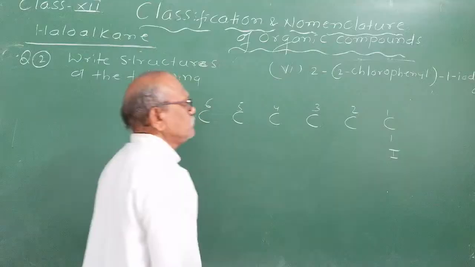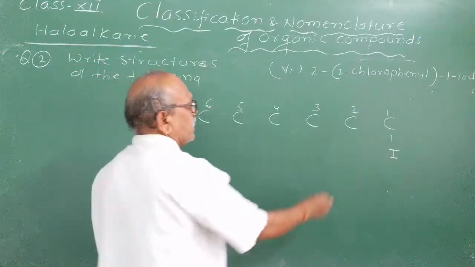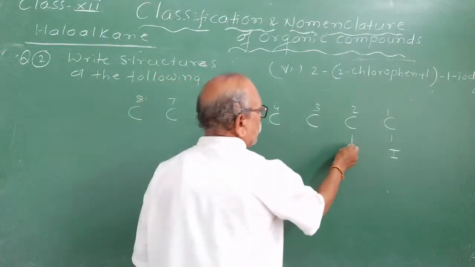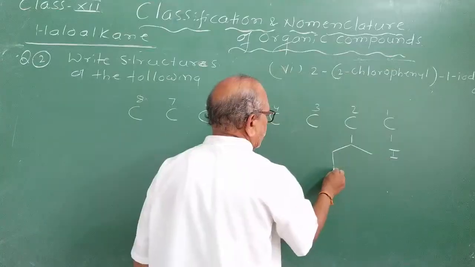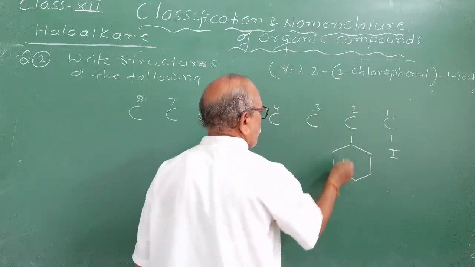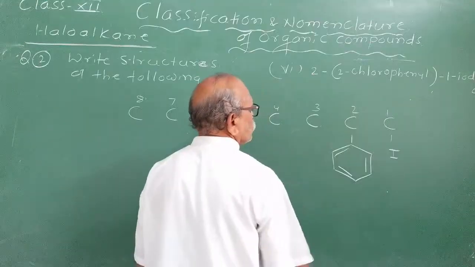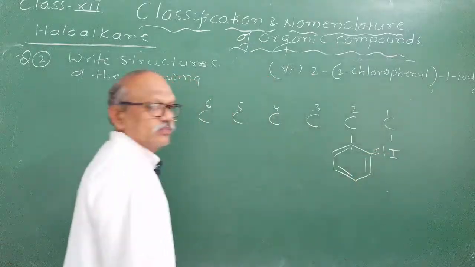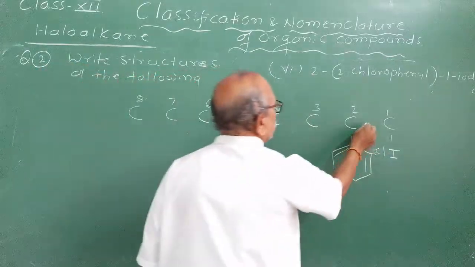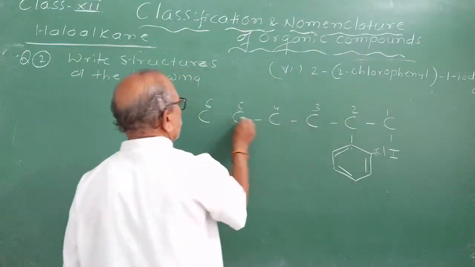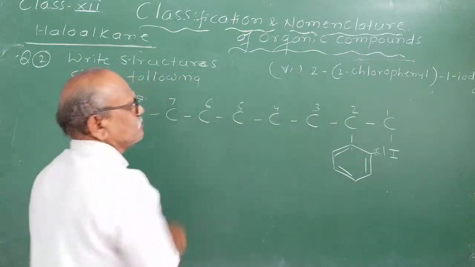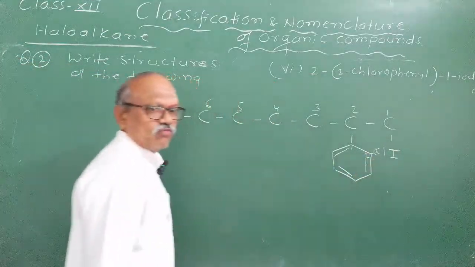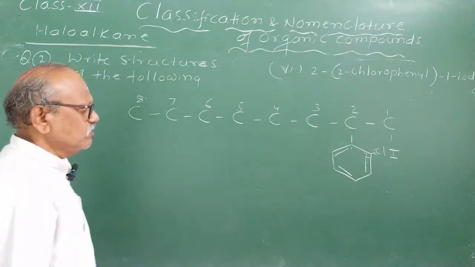Iodo group. To the second carbon atom you have to link what? Observe, to the second carbon atom you have to link like this. Here it is 1, here it is 2, 2-chloro. Single bonds all along. To the second carbon atom, internally you have to name it as 2-chloro.